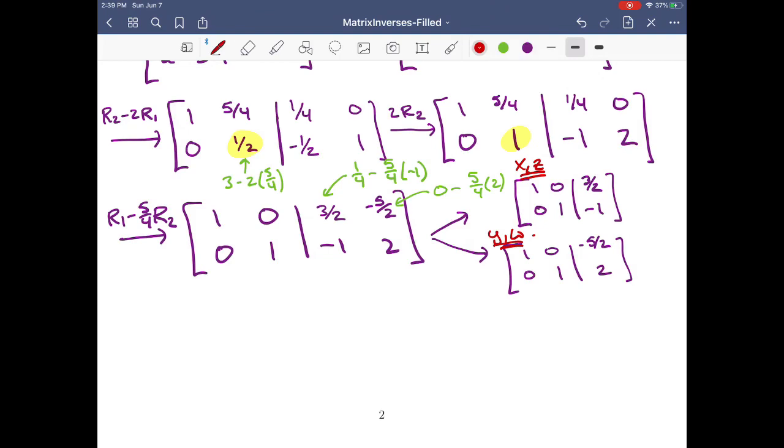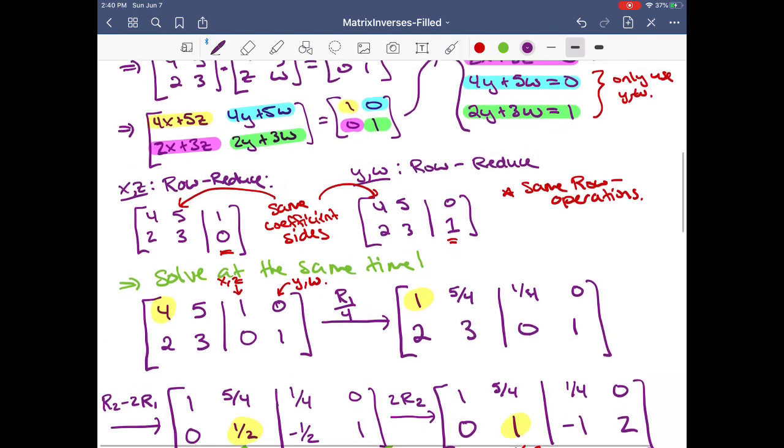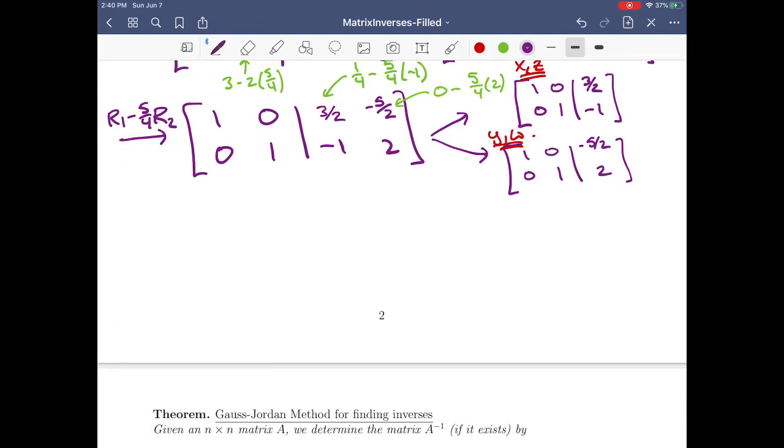Okay, so then what that tells me, remember we have to go back up here. So my columns here were X, Z, and Y, W. Okay, so my answers here, from the first one, I get X equals 3 over 2, and Z equals -1.